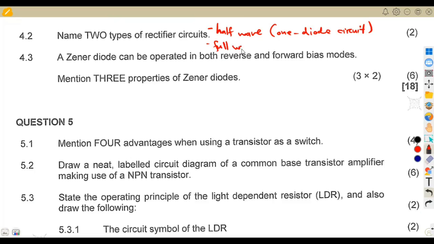A full wave can be a 2 or 4 diode circuit. So when you are talking about a full wave, it can have 2 diodes, or it can have 4 diodes on a bridge. All right, so that was the answer to that part of the question.